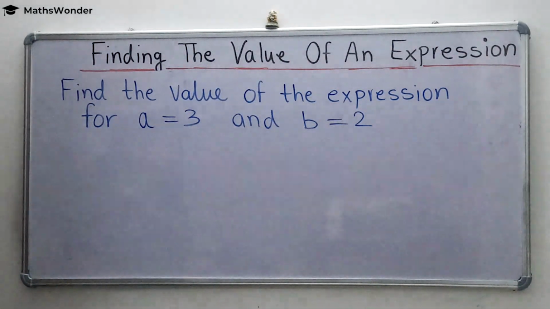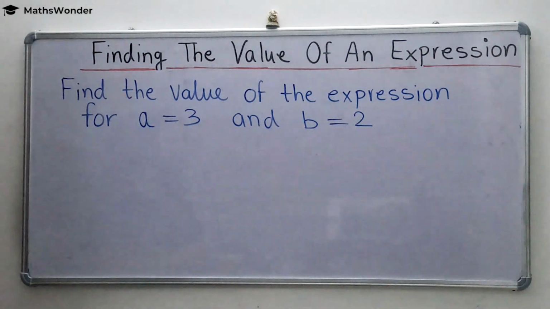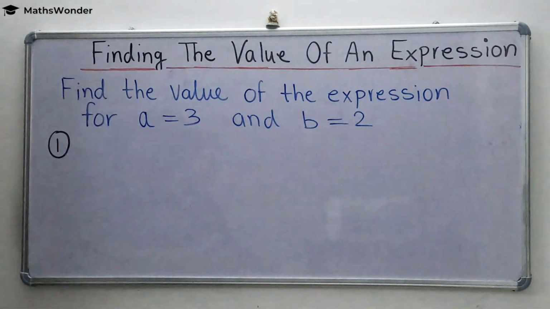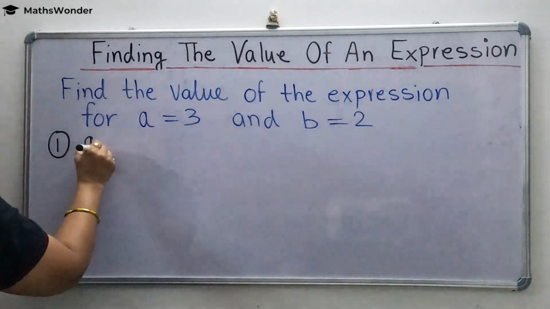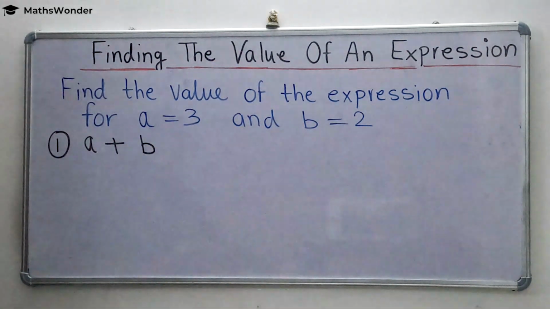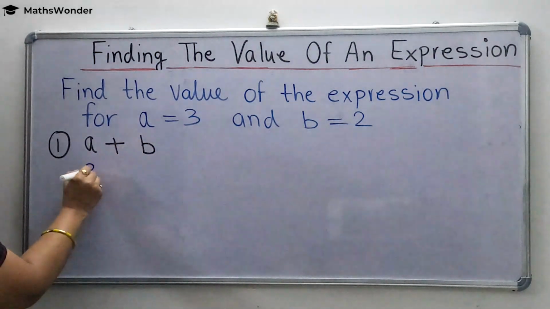So this is the next question. Find the value of the expression for A is 3 and B is 2. Now here two variable values are given, right? So how will you find the value? Let's see. Question number 1, suppose the expression is A plus B. Now, you will substitute the A value in place of A. A value is 3.